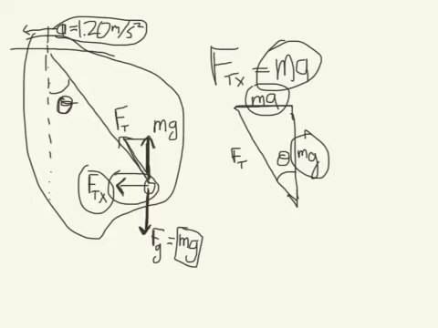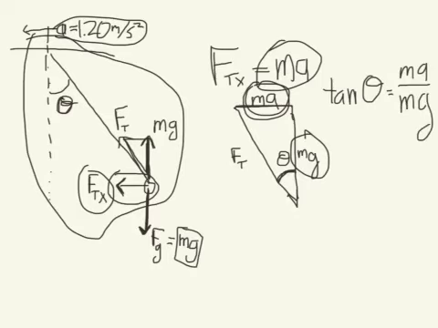And these sides are the smaller sides. ma is the side opposite to the angle theta, and mg is the side adjacent to the angle theta. So here's a case, SOH CAH TOA, where we use tangent, TOA. TOA means tangent is opposite over adjacent. So what we can conclude here is that tangent theta equals the opposite side length ma over the adjacent side length mg.